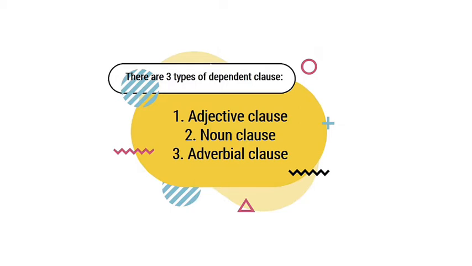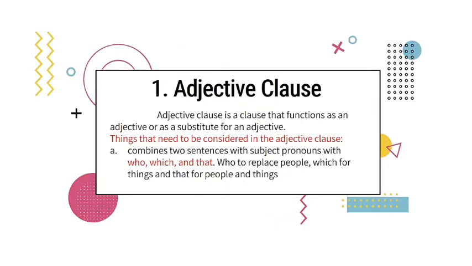There are 3 types of dependent clause: adjective clause, noun clause, and adverbial clause. Number 1, adjective clause. An adjective clause is a clause that functions as an adjective or as a substitute for an adjective.